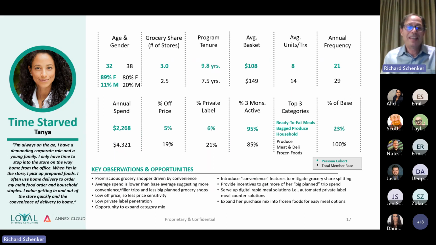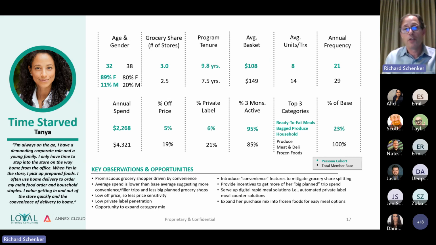So let's dive into Tanya, who's time starved. Just to orient you to some of the statistics here, we have age and gender. The ones in green are for the specific cohort. The ones in black are the average statistics for all customers or all members of the loyalty program. We have the grocery share, so the number of stores, and we got that through credit card data because we can see these cohorts shopping using their credit card at other grocery stores.